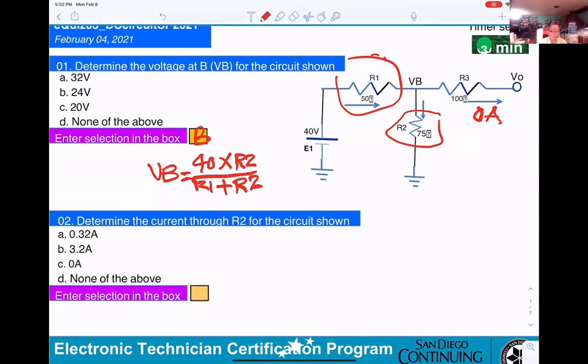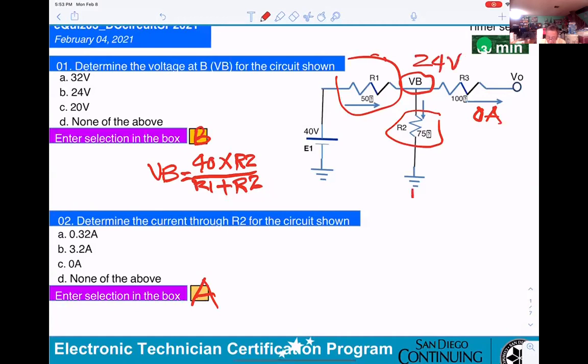Okay. Number 2, answer will be A. Now, what they want is the current through R2. You already get a voltage here, that I said 24 volt.